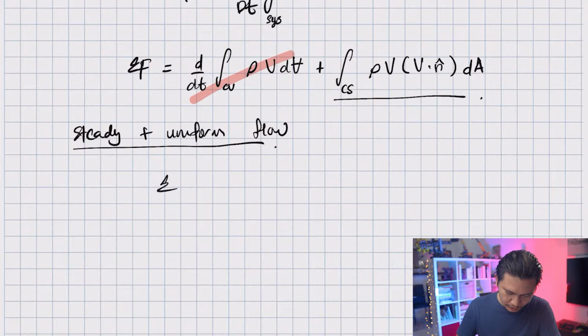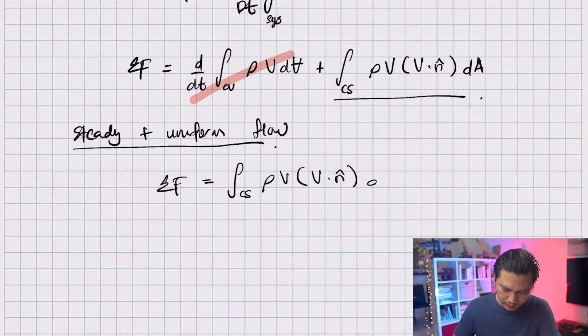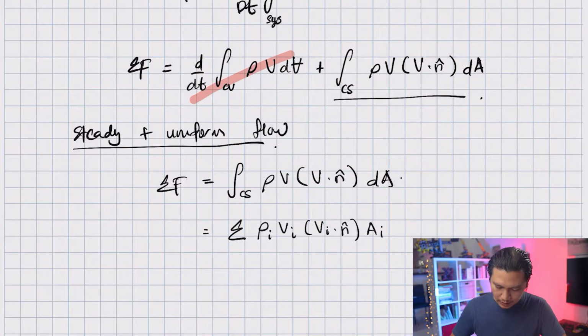So if I write it again, summation of force is now equal to the integration over the control surface of rho V, V dot n dA. And when we assume that the flow is uniform, we can simply change the integration symbol to the summation of rho_i times velocity_i times velocity_i dot n times A_i, where i is from 1 to n.